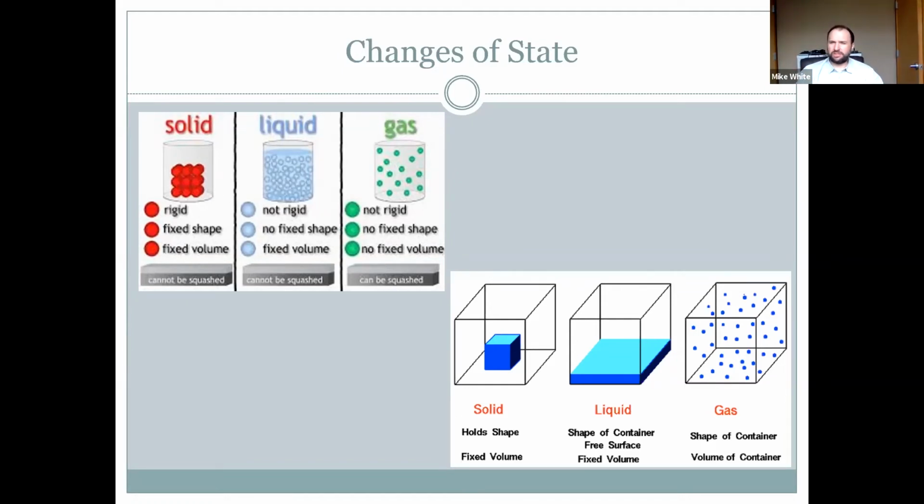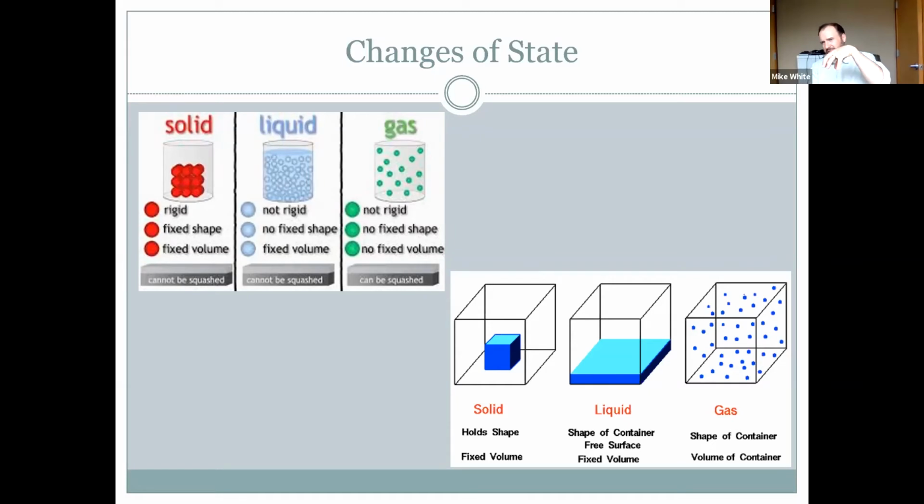The oxygen in that tank is condensed oxygen. It's pressurized down to fit a lot of oxygen gas into a small canister. The reason you can do that is that it's all so spread apart that it's easily condensed through pressure.